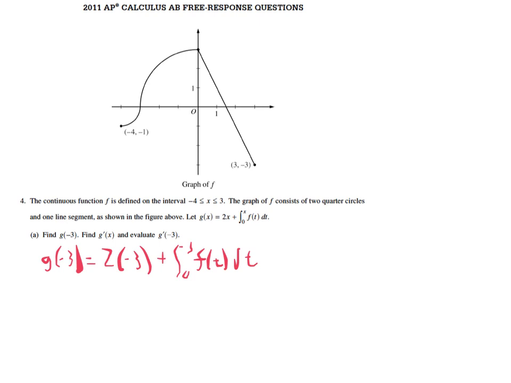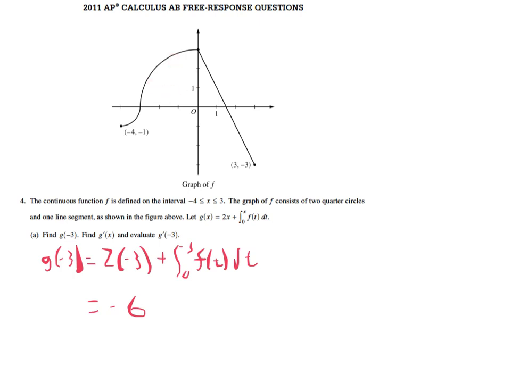Well, the first part is obviously just -6, 2 times -3, so that's easy. And for the second part, evaluating this integral, we just have to recognize two things. First of all, that the definite integral is just the area under the curve. So we're looking for the area of this quarter circle up here. This is the area that we want.